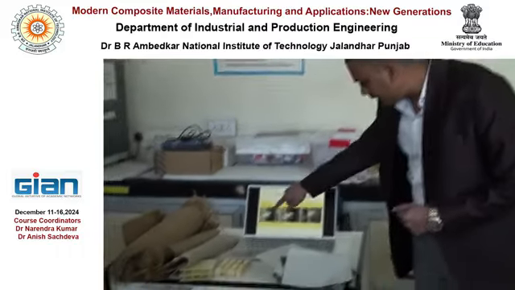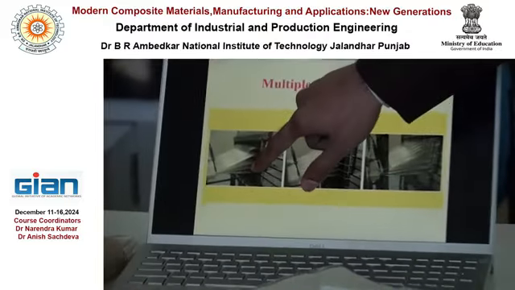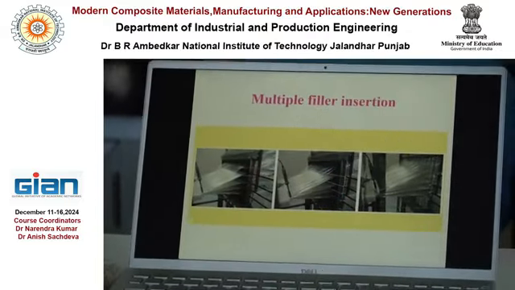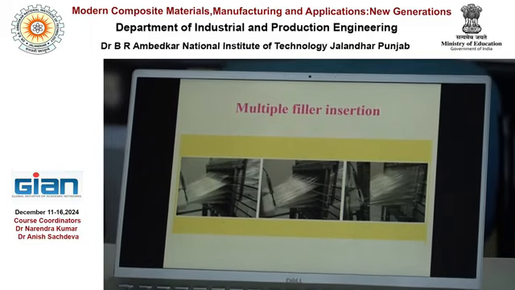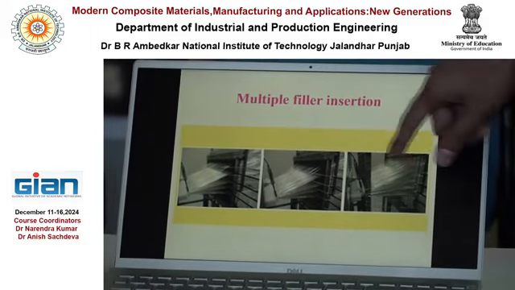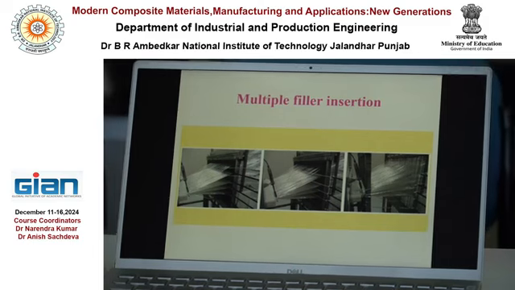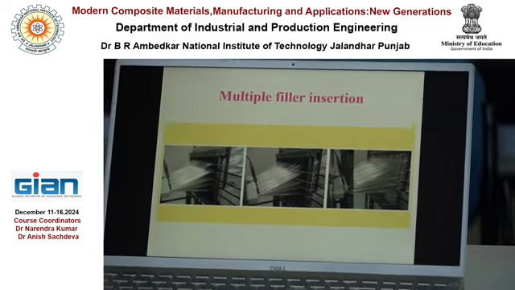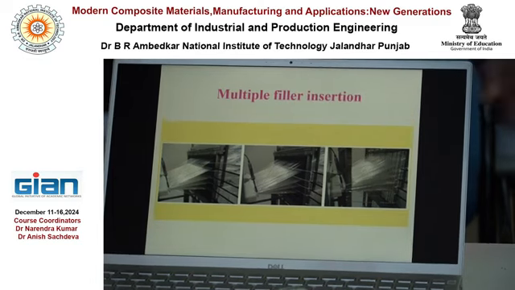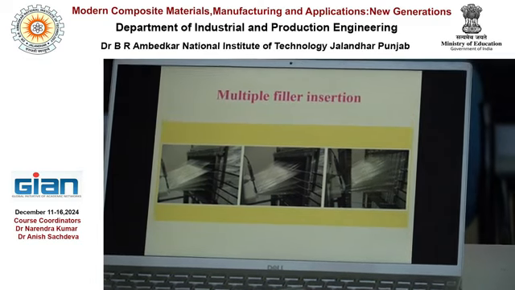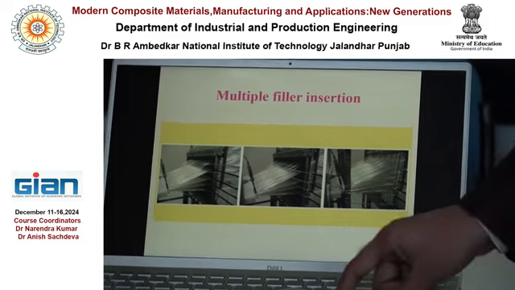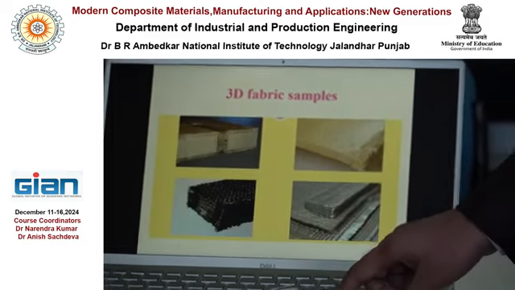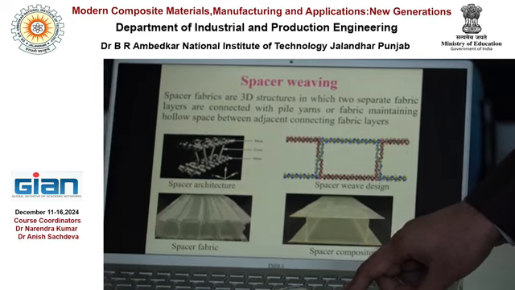For example, you see that here you have 1, 2, 3, 4, 5, sorry, 6 layers of the warp, and here you have to insert the weft yarn, the horizontal set of yarns, in these opened sheds to produce these different types of 3D solid structures.